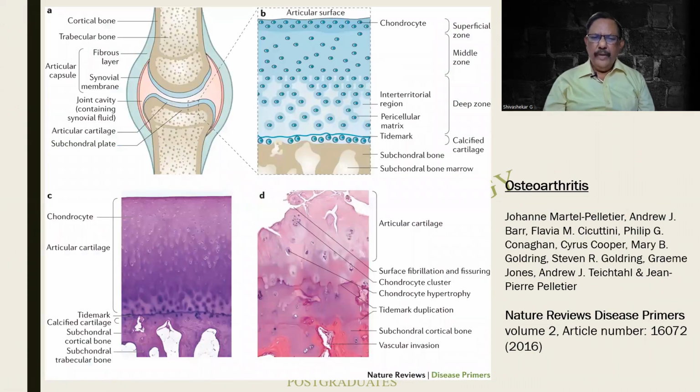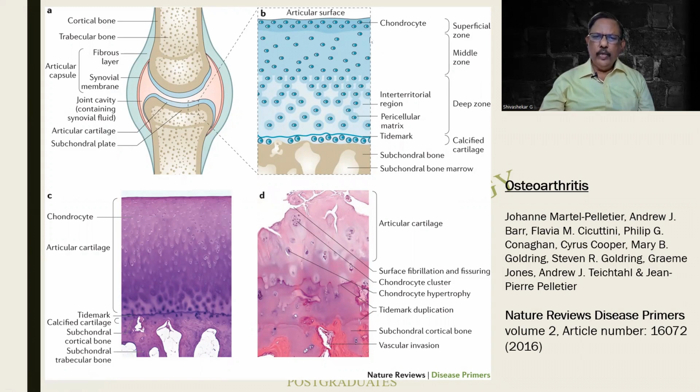This is a very superb picture that you people will have to remember. So this is a normal joint, the contents of it. Kindly spend some time, go through it, see whether you can understand all the parts. Coming to the cartilage itself, I find that there are three zones. There is a superficial zone, a middle zone, and a deep zone.